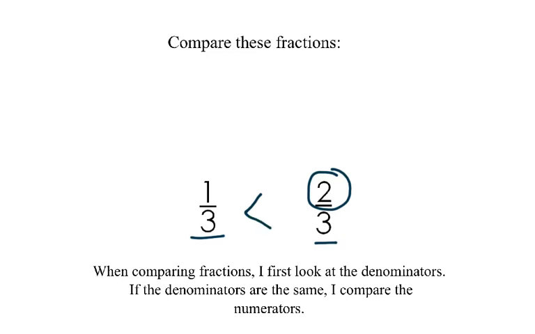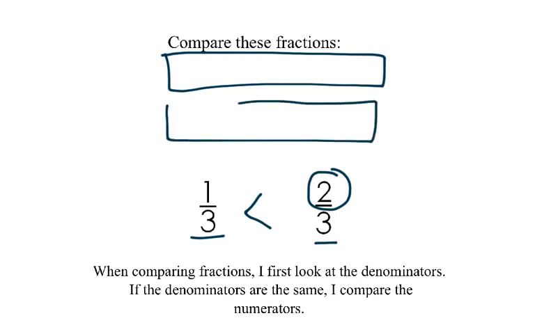But guys, you know what I'm going to expect is for you to draw a picture. So I'm going to draw a picture right up here. My boxes are the same size. I hope yours is too on your paper, showing 1/3 and 2/3.